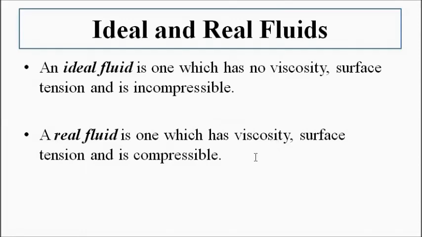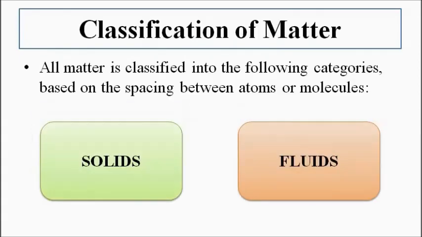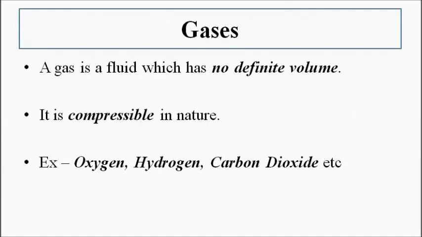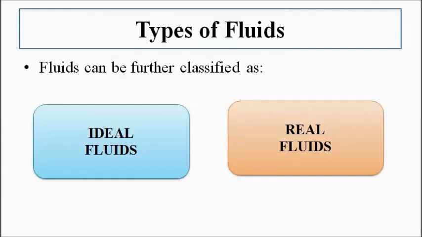It means they will have a certain amount of viscosity, surface tension and compressibility. It can be higher or lower, but they will have it. So this is one simple classification of fluids. There are other classifications as well, but these are the basic concepts associated with fluids, starting from the classification of matter, the classification of fluids, and the various definitions associated with it.